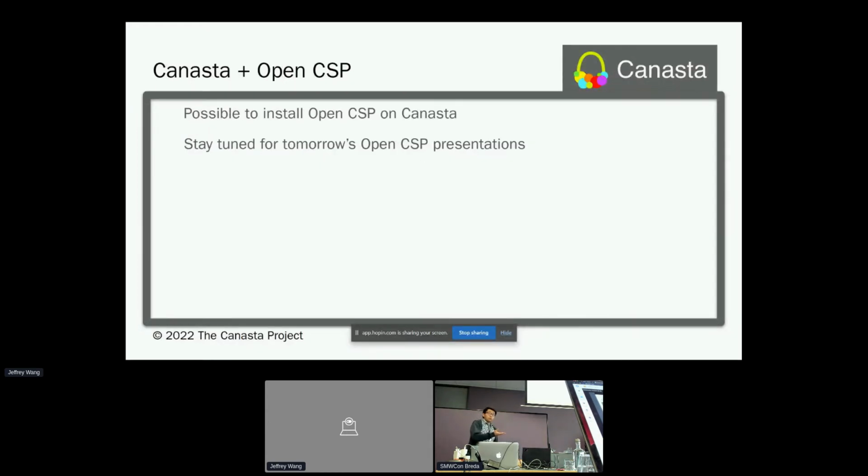In addition to Semantic MediaWiki, how would Canasta work with OpenCSP? So I have talked with Wikibase Solutions, and I'm happy to announce that it is possible to install OpenCSP on Canasta.